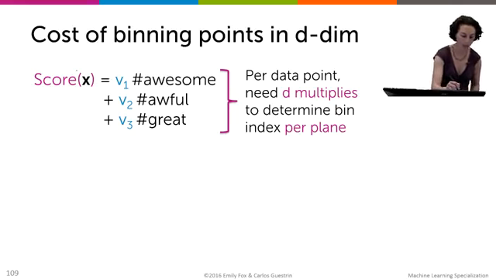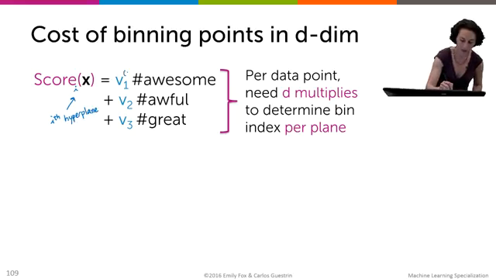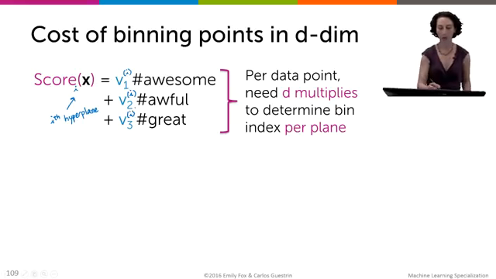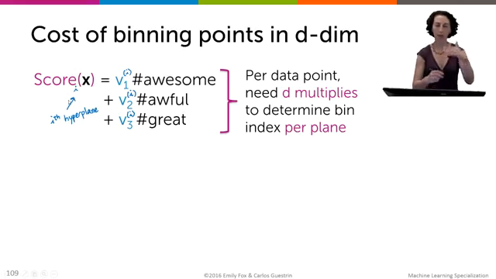So that means, let's say we're looking at the ith hyperplane, and it's going to have coefficients, let's say v1i, v2i, v3i. Well, we have to do d multiplications between these coefficients and our features to define the score just for that one hyperplane. And then we have to repeat that for each of the hyperplanes that we've thrown down.